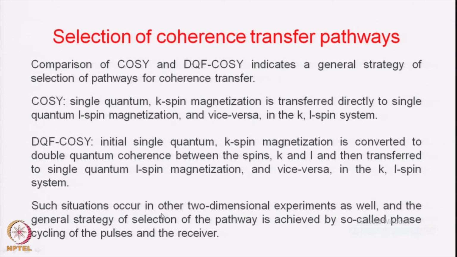The NOESY was also a 3 pulse experiment, and only the Z magnetization is retained at the end of the mixing time, and this is then converted into single quantum coherence for observation.